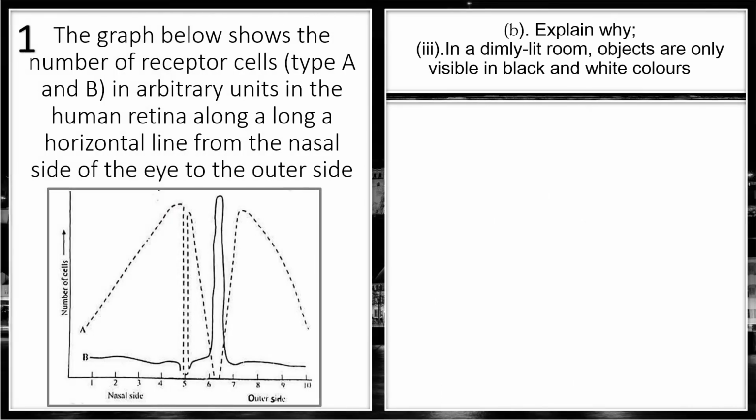Part B, explain why in a dim light room objects are only visible in black and white color.